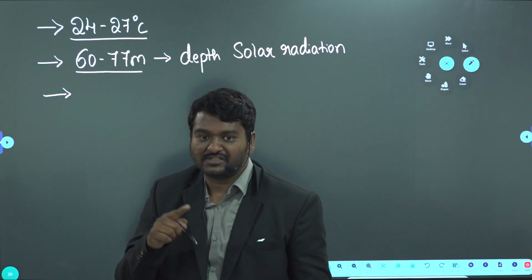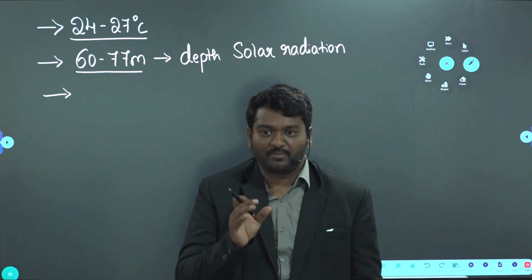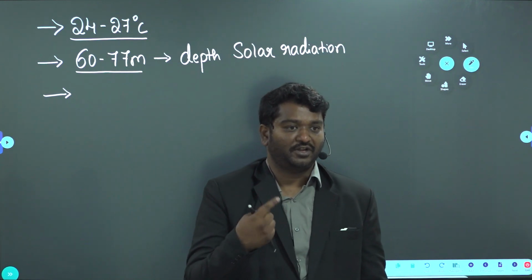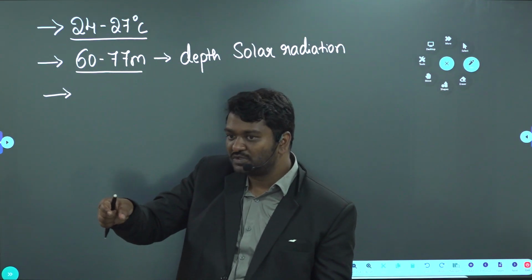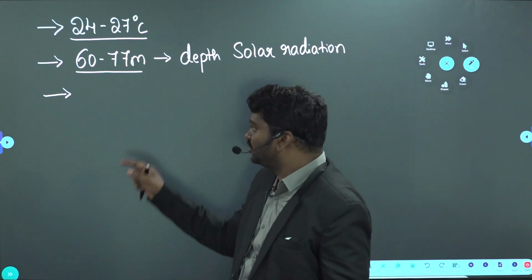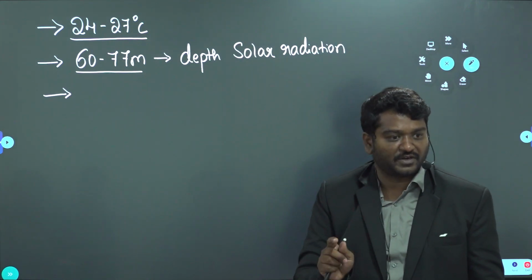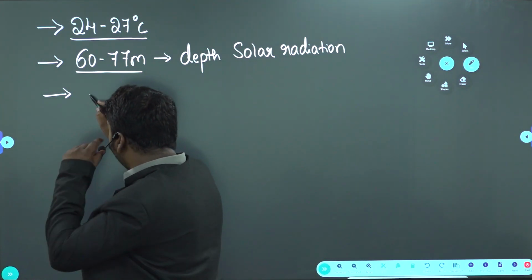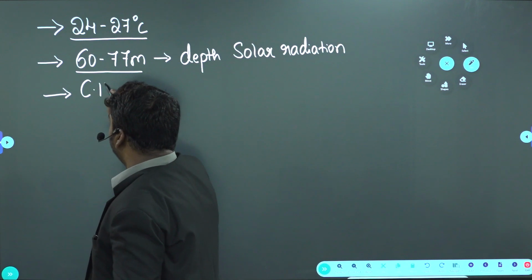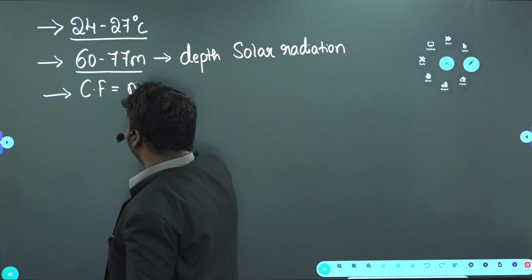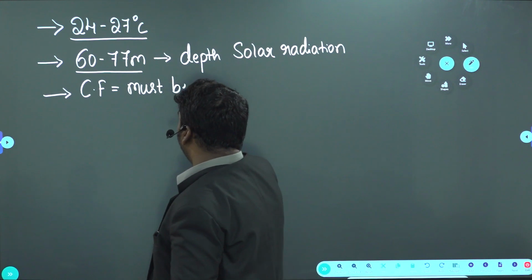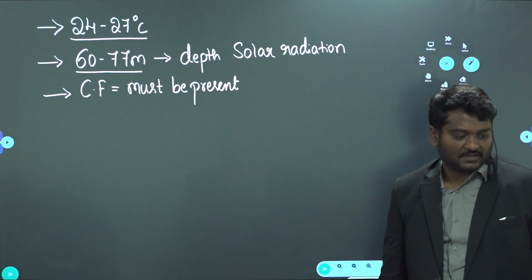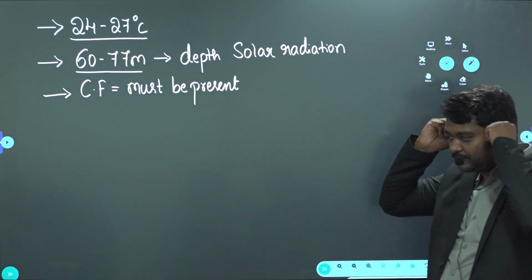Then, shallow waters, can cyclones be formed? It can be formed, but they die soon because of not presence of moisture continuously. That is the reason when they come closer to the coast also they die. Okay, so shallow waters are not helpful. Deep waters are required. Then you tell me, should there be Coriolis force? Coriolis force must be present, and this is the reason cyclones are absent near equator, right?